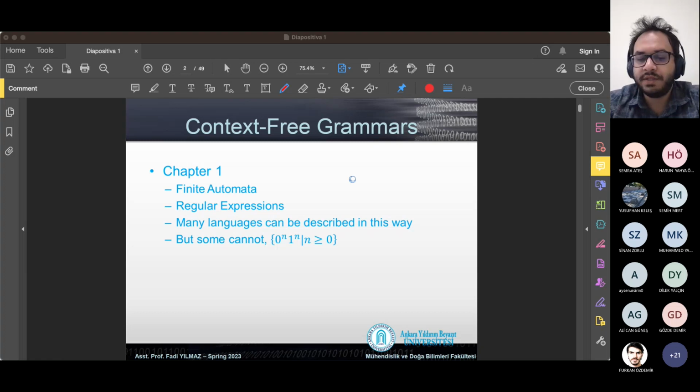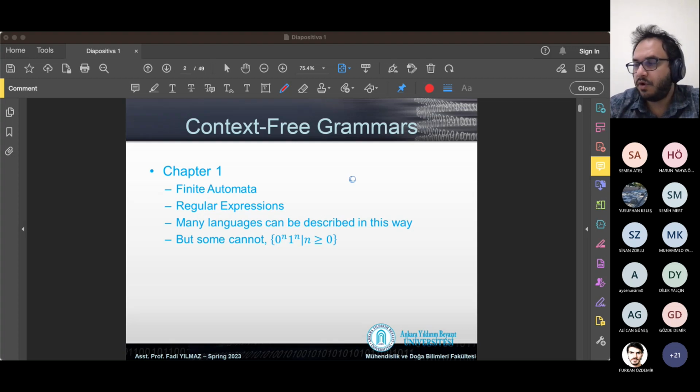In previous lectures, we introduced regular languages and finite automata to represent a regular language.